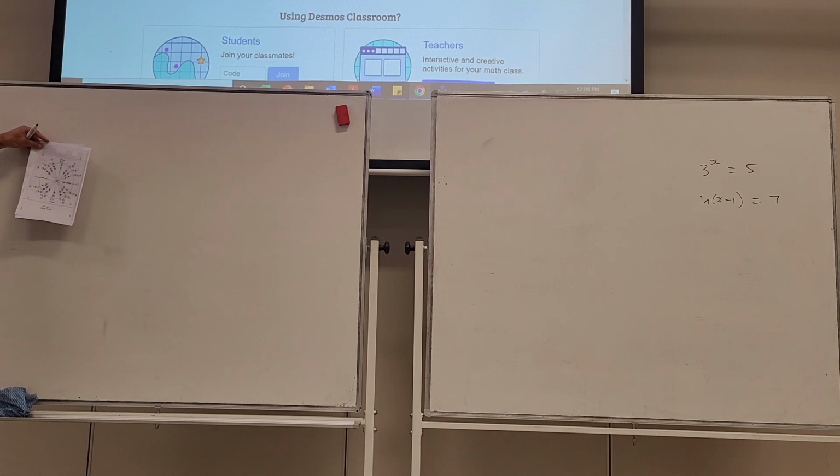Other than that, we've got the ASTC, so I like to say all students talk cool, and what that means is all ratios are positive in this quadrant, sine is positive in this quadrant, tan is positive in this quadrant, and cos is positive in the last quadrant. Okay, so in the first quadrant, all of them are positive. Here, only sine is positive, which means both tan and cos are negative. So there's a review of the unit circle for you.